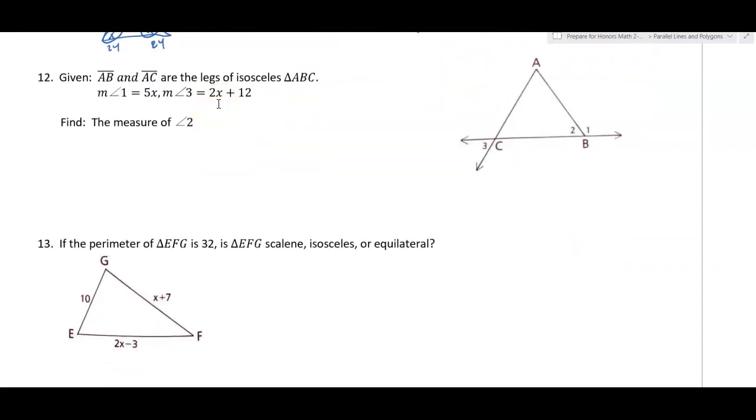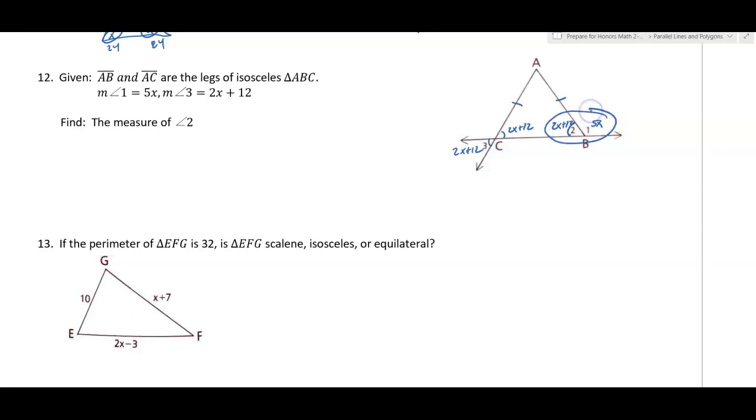All right, AB and AC are legs of an isosceles triangle. So we know these are congruent because they're legs of an isosceles triangle. Angle 1 is 5x. Angle 3 is 2x plus 12. Find the measure of angle 2. Well, if you think about it, if this angle 3 is 2x plus 12, these are vertical angles, so that's 2x plus 12, which makes this 2x plus 12.